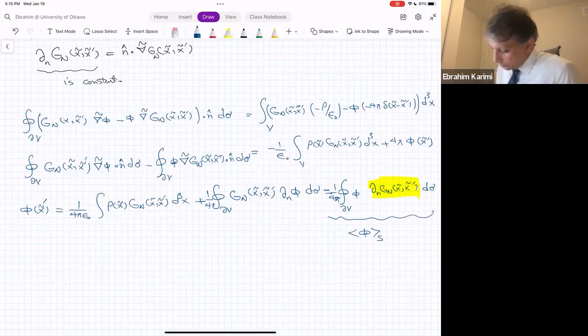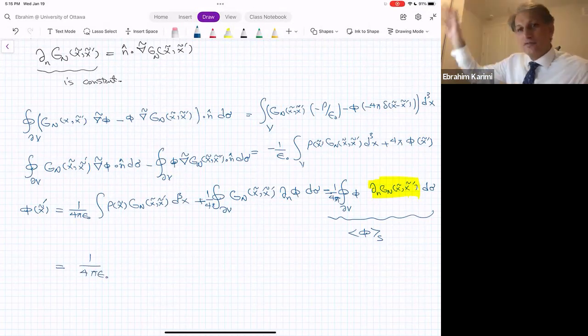So indeed, that will become 1 divided by 4 pi epsilon naught. And remember, when it's constant, that will be the integral on the surface, and of course the integral on the surface of a potential will be again a constant value. That is what I call phi s. And we know that the potential is not important if you shift it by a constant value.